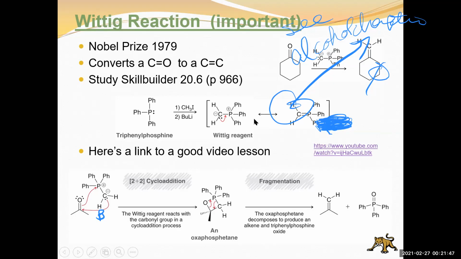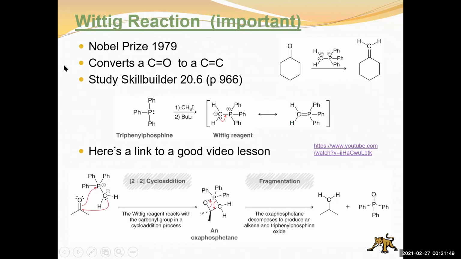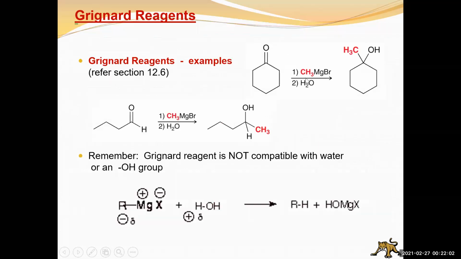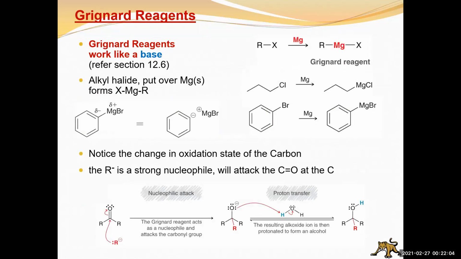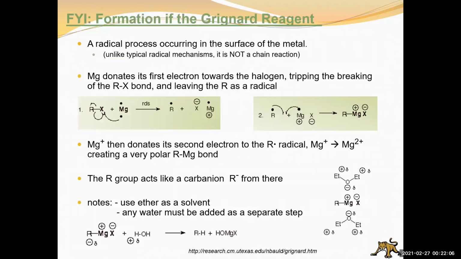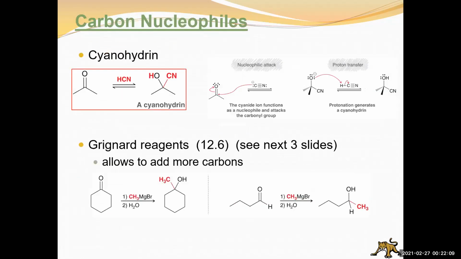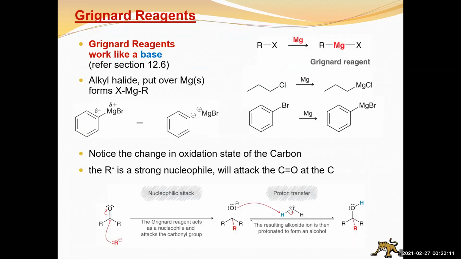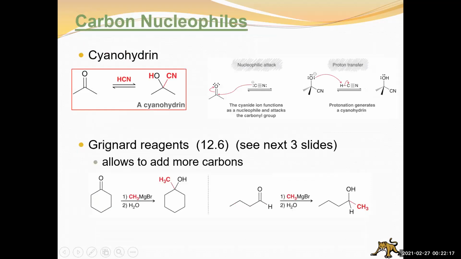Wittig is probably more correct since that's generally how these are said in Germanic languages and Scandinavian languages. Notice there's a Nobel Prize. These are the two most important reactions for you to learn in the chapter, maybe in the next video. But you see how many slides that Grignard is? That's why I don't want to cover it right now. If you really had to boil this chapter down to learn only one reaction, learn the Grignard. That's even on the MCATs.